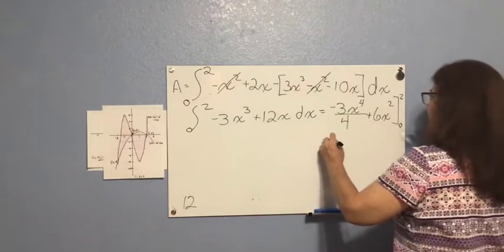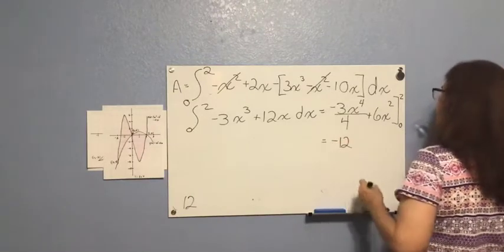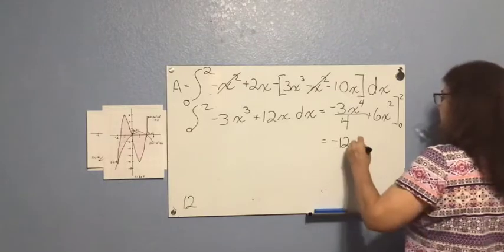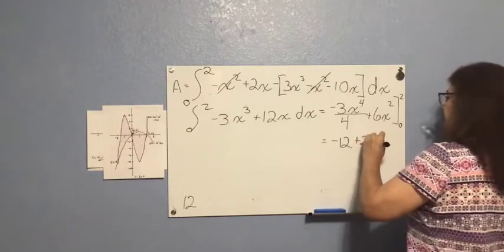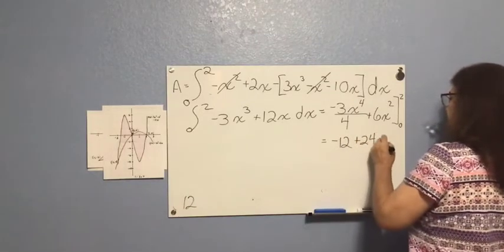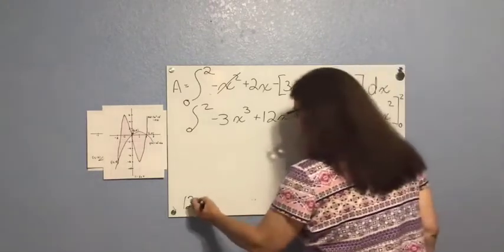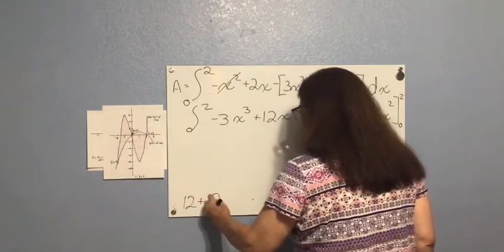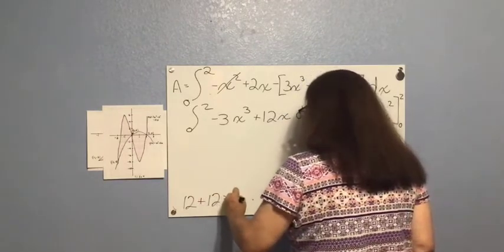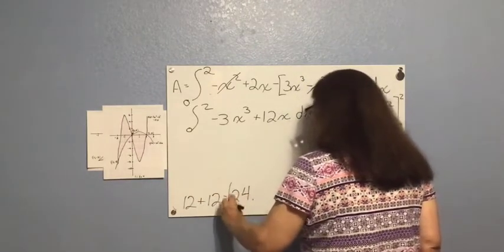So this is going to be negative 12 plus 24, which gives me positive 12. I have my positive 12 from the first part, so I just add those together for a total area of 24.